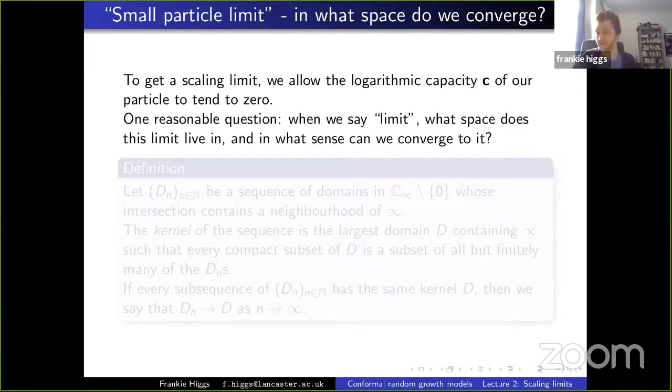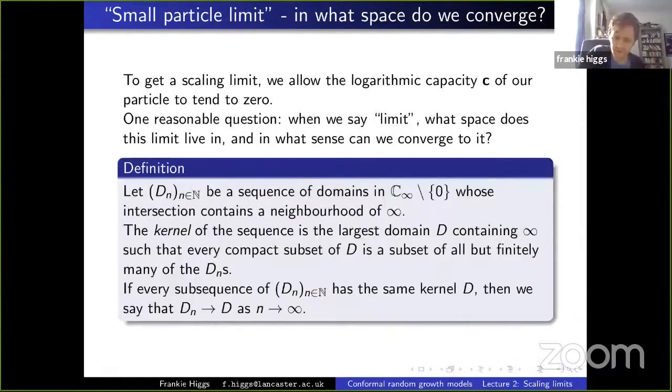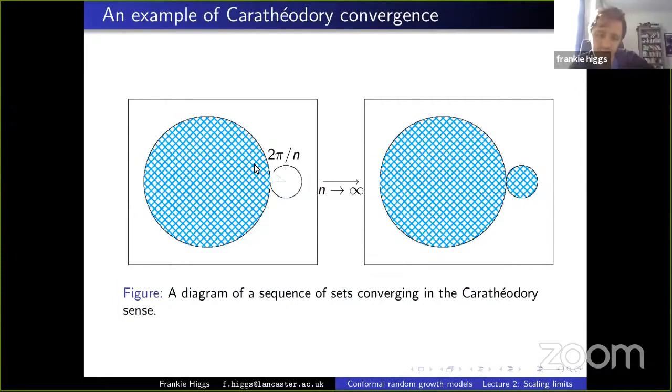There are less awkward ways of phrasing it, but the problem is, if I show you a quick picture, we need the domains we're talking about to work in this analytic setting where we use the Riemann mapping theorem and a reference domain. We need them to be simply connected. And this sequence of sets on the left, where you have the closed unit disk and then this section of a circle with only 2 pi over n radians missing, the limit of this is not simply connected.